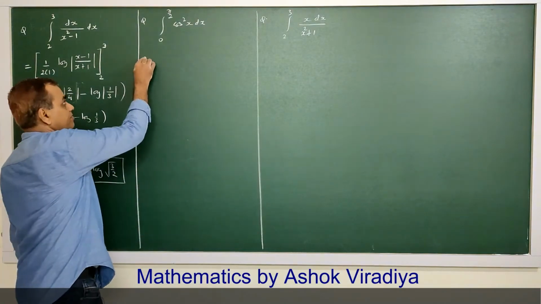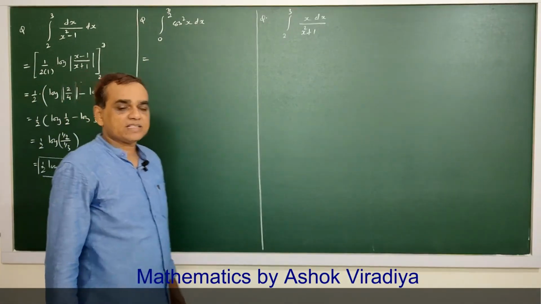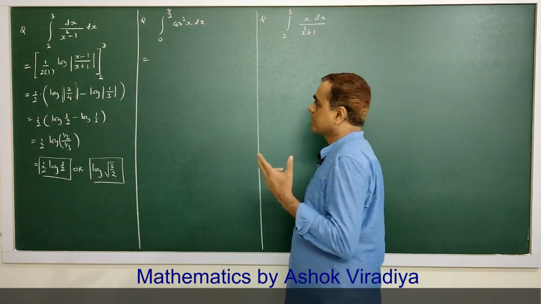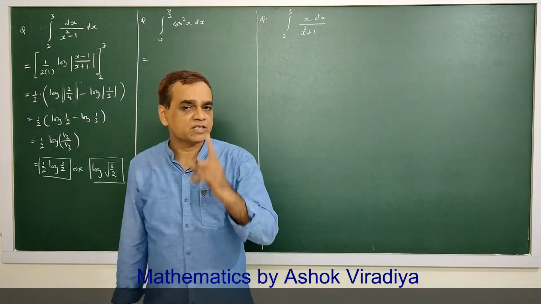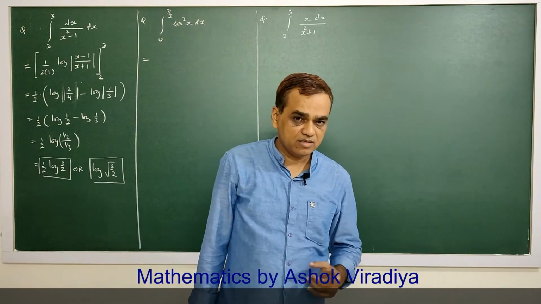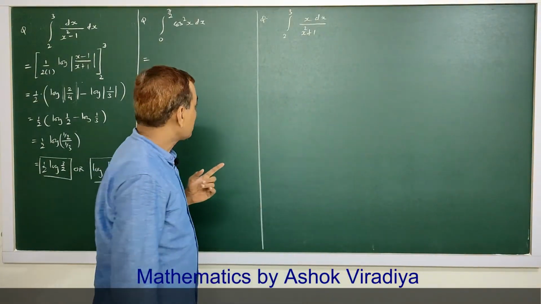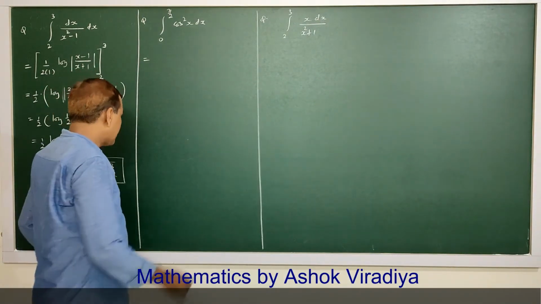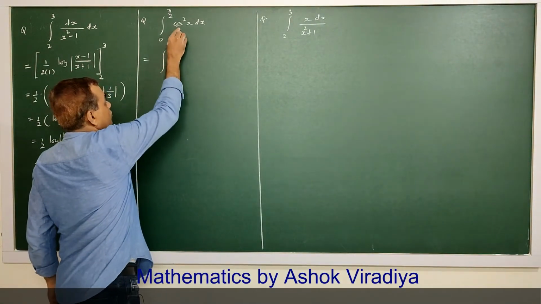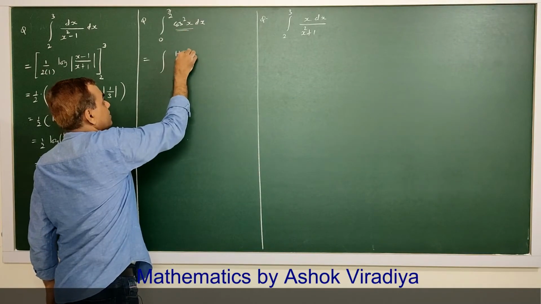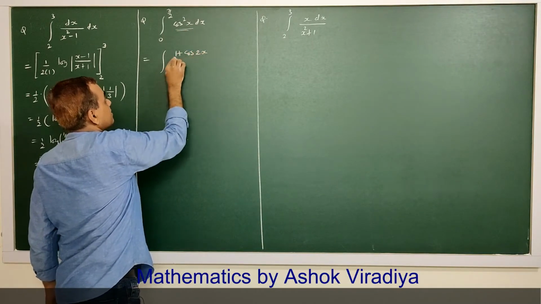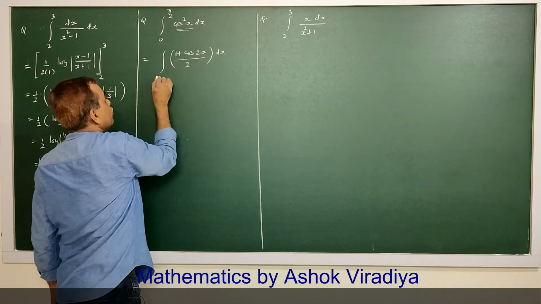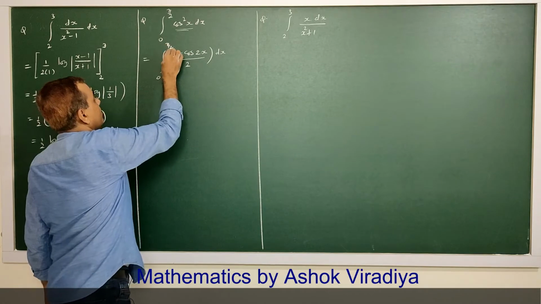Now here cos square x. Whenever we want to integrate cos square x, we always remove this even power. Using the formula, cos square x is 1 plus cos double x by 2. Cos square x is 1 plus cos 2x by 2, dx. Lower limit, upper limit.